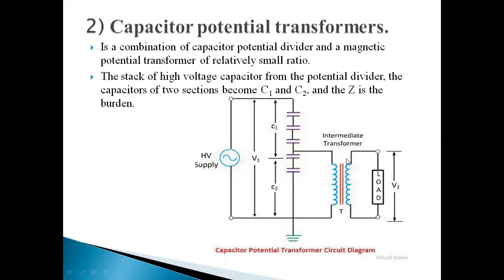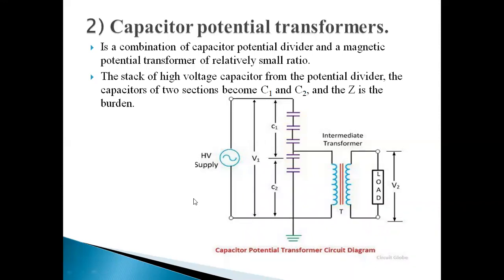Here you can see five capacitors are used, and they are placed in such a way that the voltage gets divided. Whatever be the voltage across these capacitors, it gets divided there.